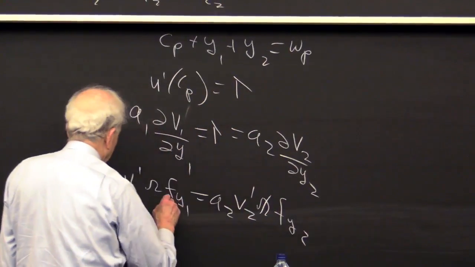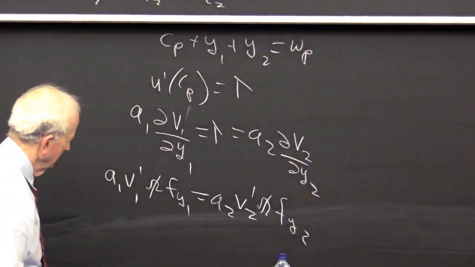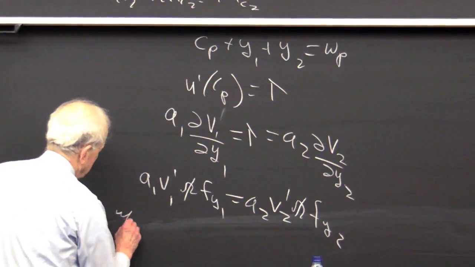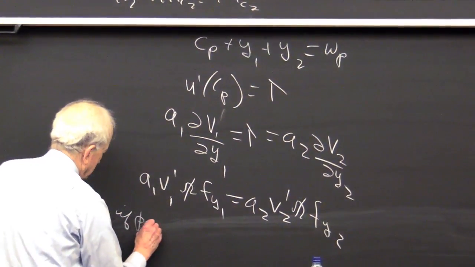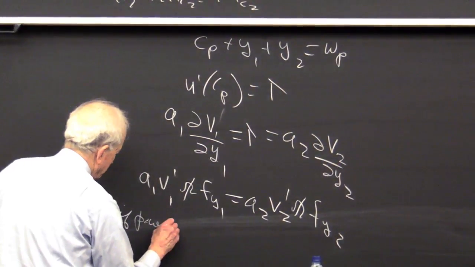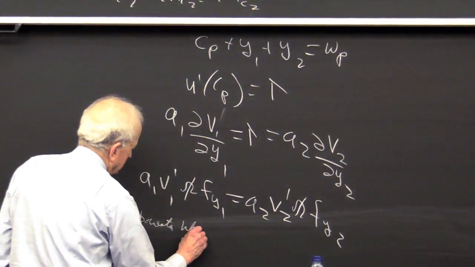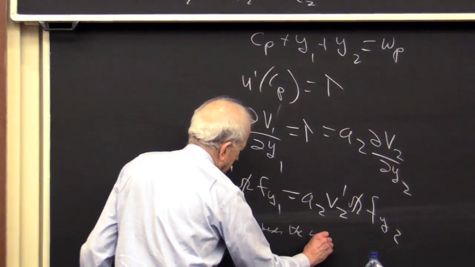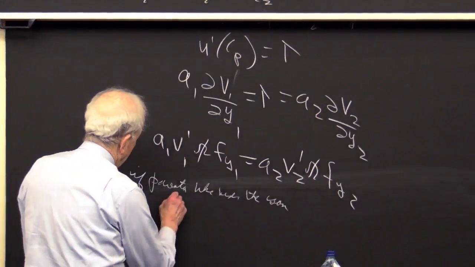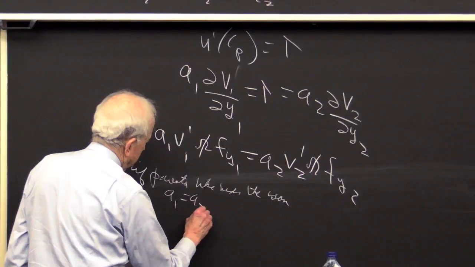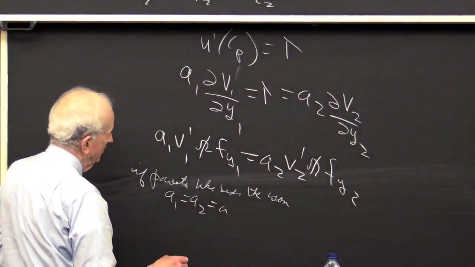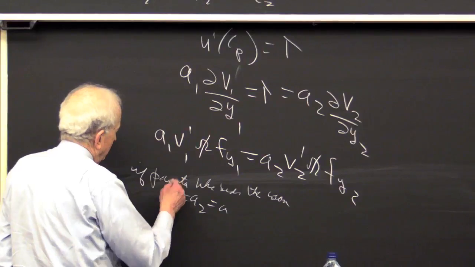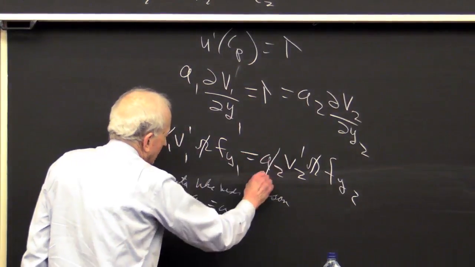The R's drop out. And so if parents like kids the same, A1 is equal to A2 is equal to A. So if we made that assumption, it'd be very straightforward to show these would drop out.